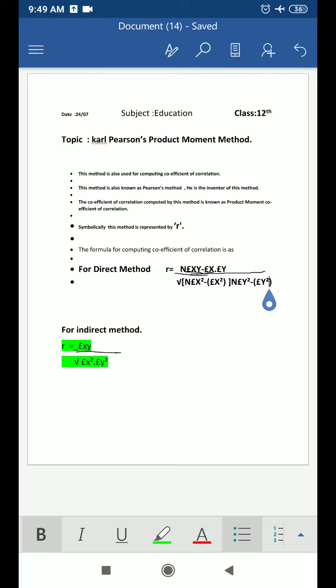The formula for computing coefficient of correlation is as follows. It has two methods. We can do it in two methods. One is the direct method, second is the indirect method.